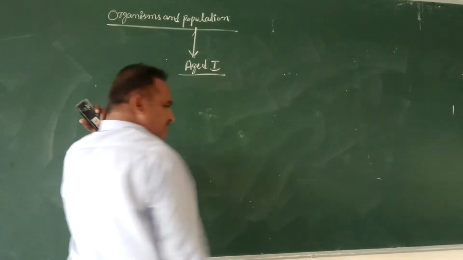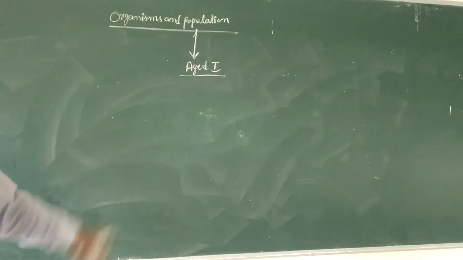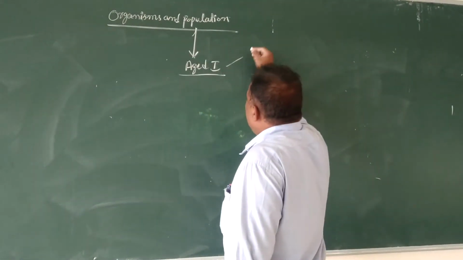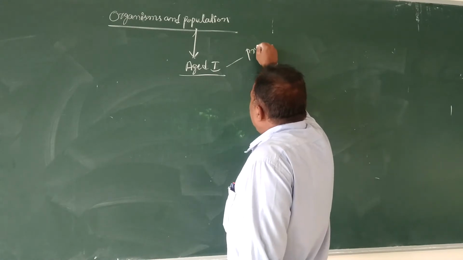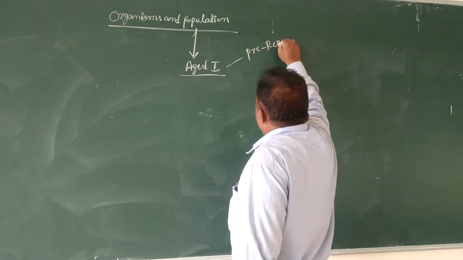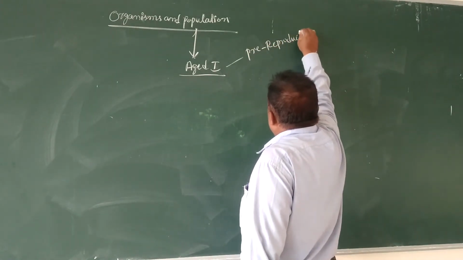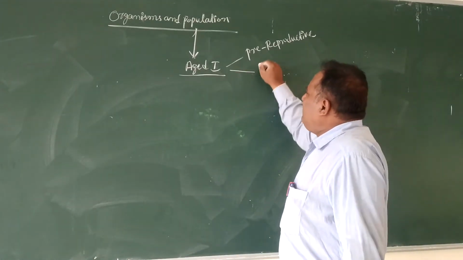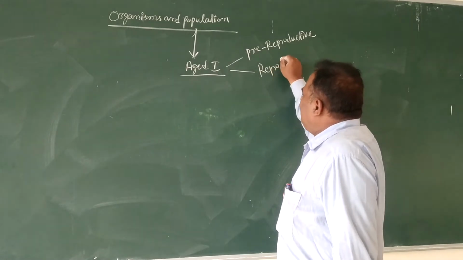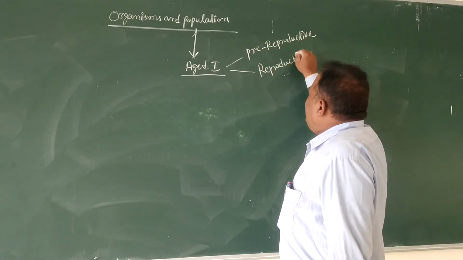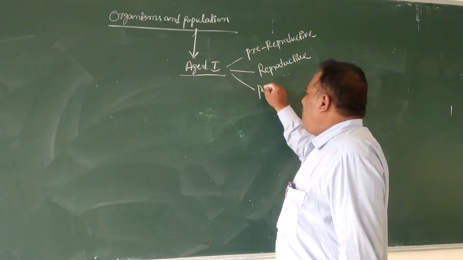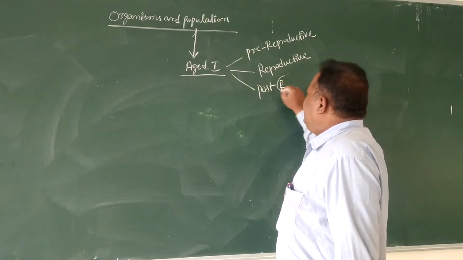The different aged individuals include pre-reproductive aged individuals, reproductive aged individuals, and post-reproductive aged individuals.